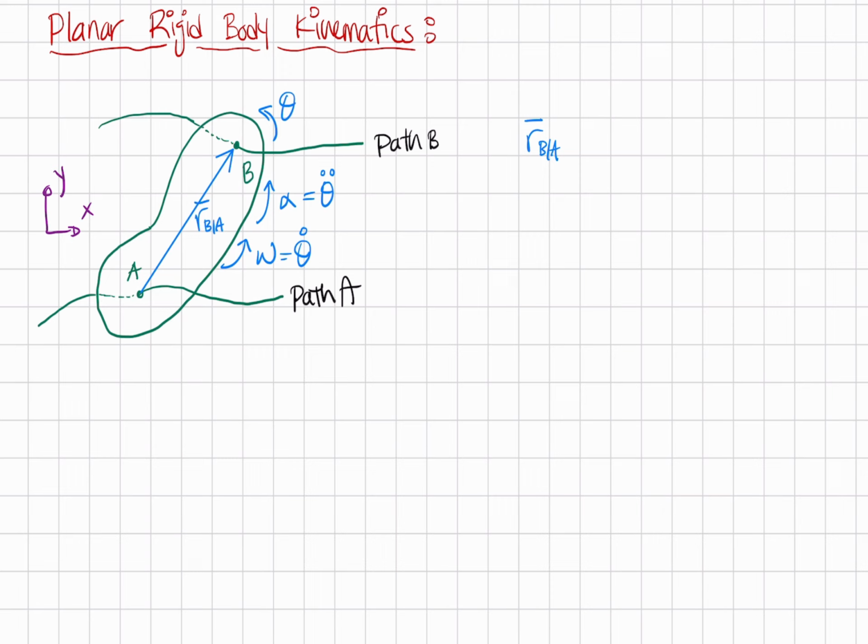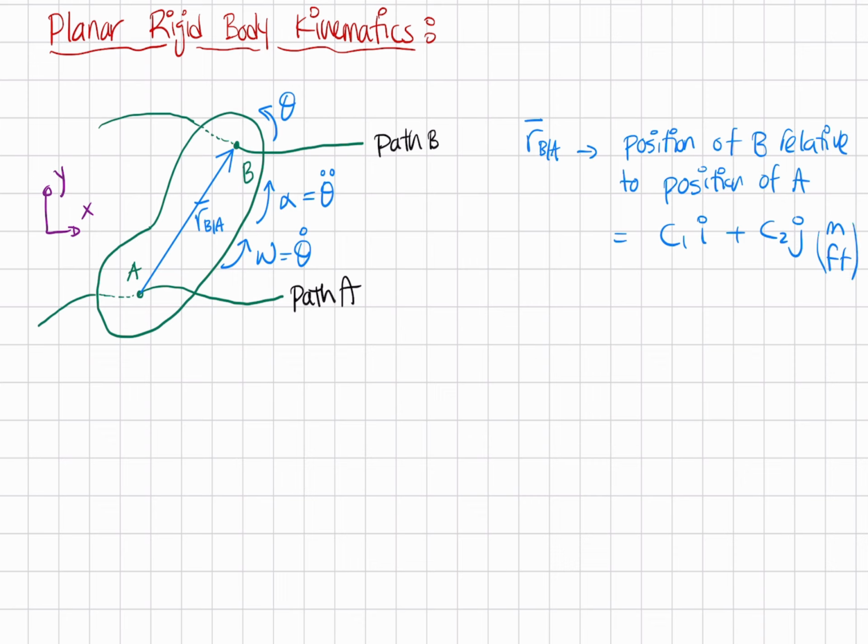This is really describing position of B relative to position of A. And of course, because it's a positional vector, you will have x and y components. So the way we describe such a vector is some constant i plus another constant j. And these usually have units of meters or feet or whatever it is that you'd like to work with.